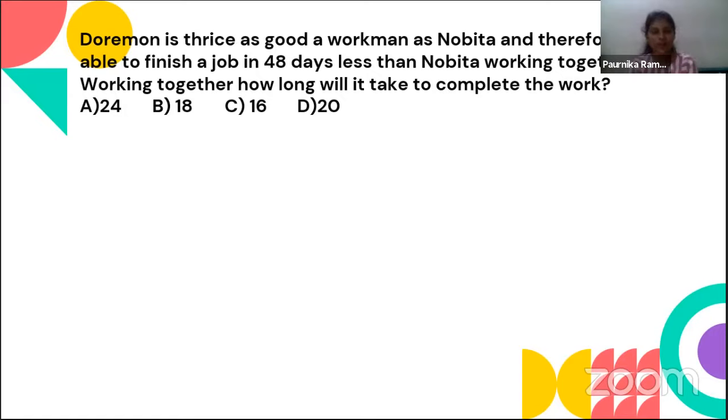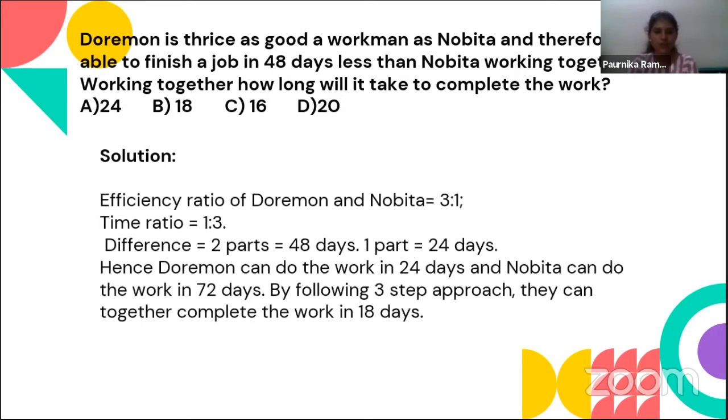By the conventional method, we would let the number of days taken by Nobita be X and by Doraemon be Y. But first of all, let's get rid of this X and Y convention. These problems can be solved without any algebraic variables like A, B, X, or Y. So the solution goes this way.